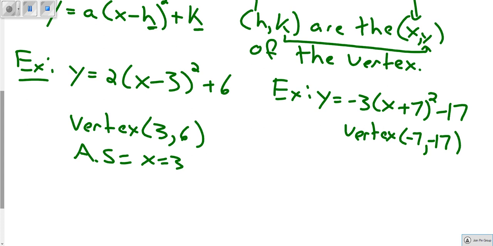All right. Now, axis of symmetry for this one. X equals -7. Let's take it one step further. According to my A value, which is -3, what direction does my graph open? Upwards or downwards? Down. Very good. You were very confident there, Dee. I liked it.